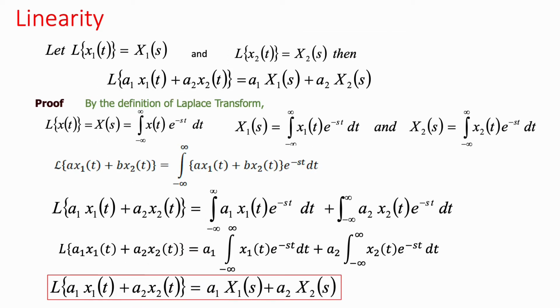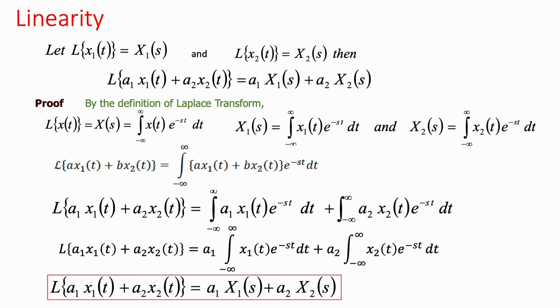The linearity property, here the statement is given and the proof also we have. Let Laplace transform of x1 of t be x1 of s. We all know that. And you take another signal, Laplace transform of x2 of t is equal to x2 of s. Okay, two signals we have considered here.